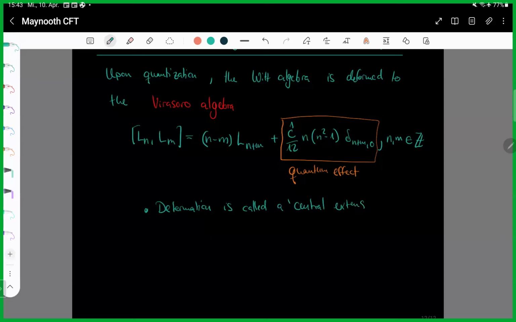It's called central because we say that C hat is a central operator. Central, in the mathematical literature, I'm not sure how often one encounters it in the physics literature, means that it commutes with everything else. And clearly it commutes with itself.